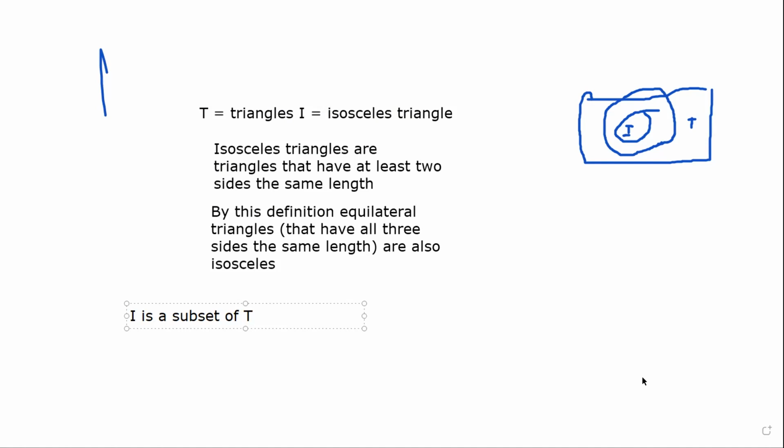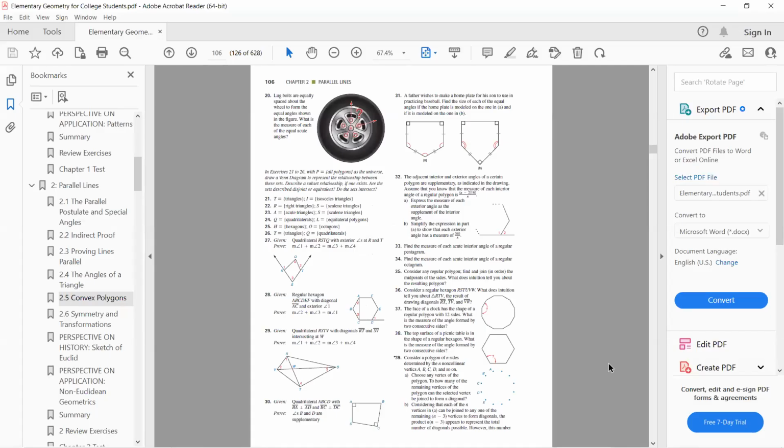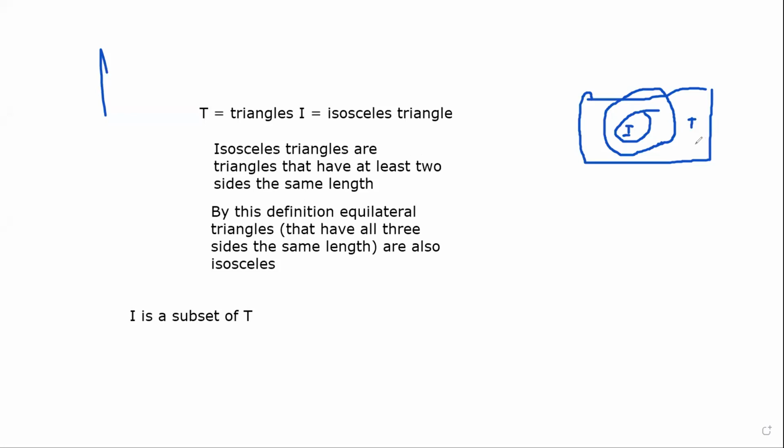So it does start off with P equals all polygons as the universe. So that just means the biggest circle, I guess. Well, if it's the universe, then when you draw a Venn diagram, the universe is your rectangle out here. It includes all the circles that you draw, and it also includes everything that's outside of them.